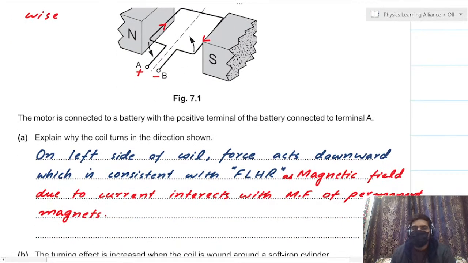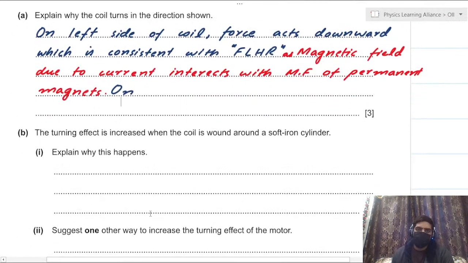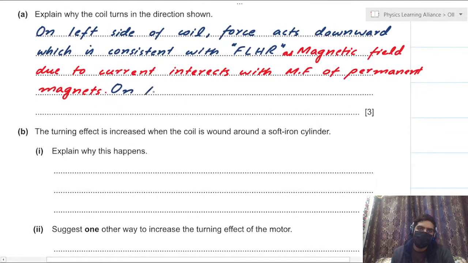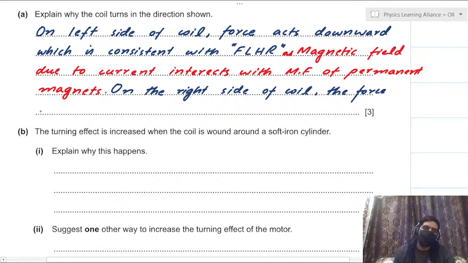On the right side of the coil, the force is upward, as the current is reversed in that coil.